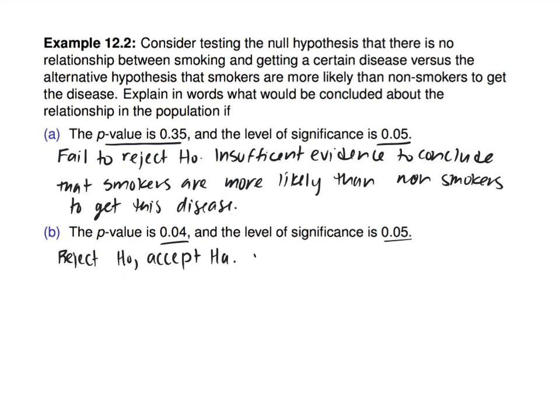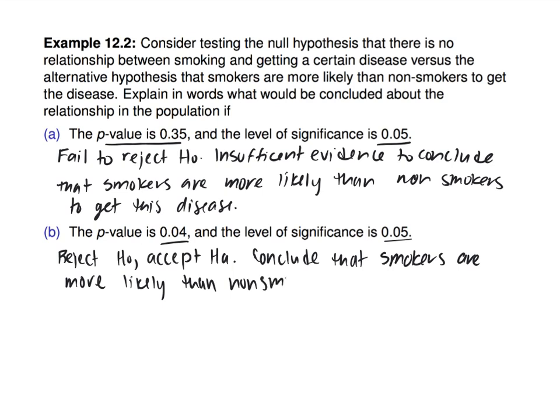So in this case, we can conclude that smokers are more likely than non-smokers to get this disease. And just to reiterate this again, you never say H naught is true. You just fail to establish that it's false.